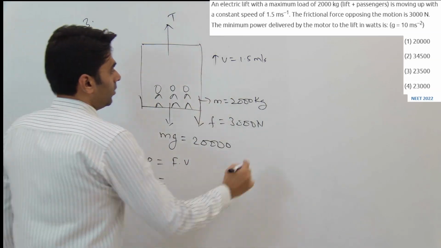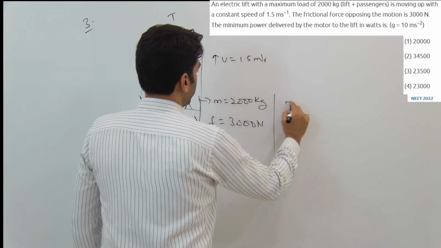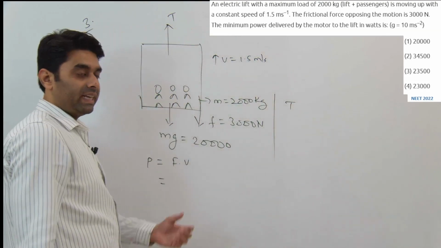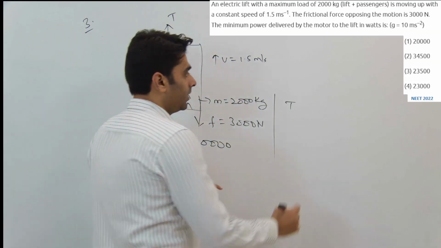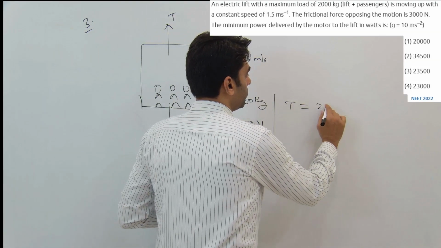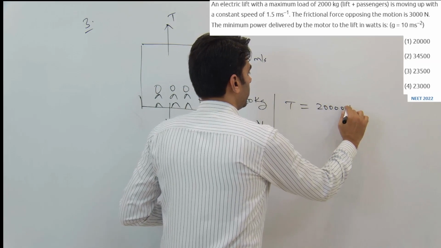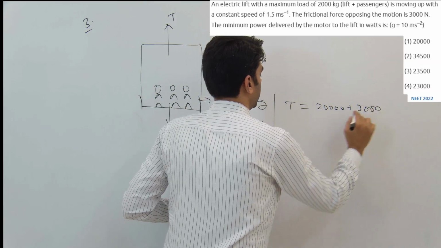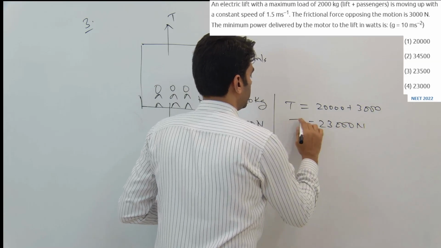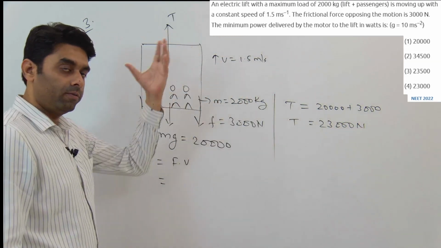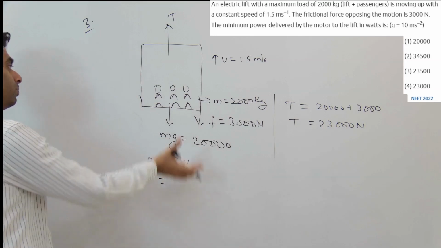The minimum tension must be equal to 3000 plus 20,000, which is 23,000 Newton. This much tension is required to move the lift upward.